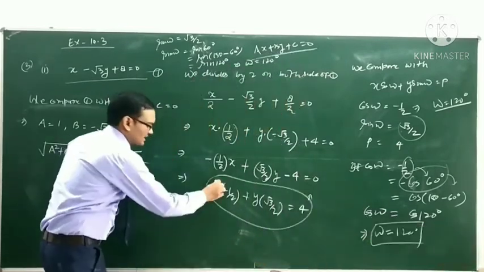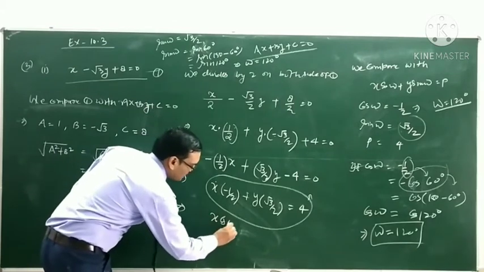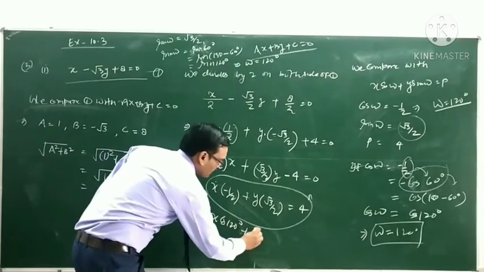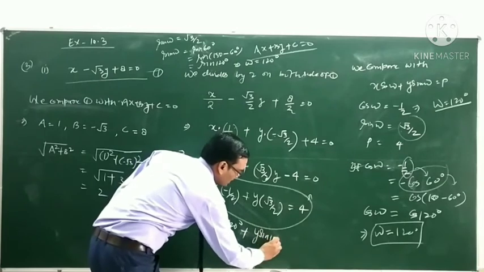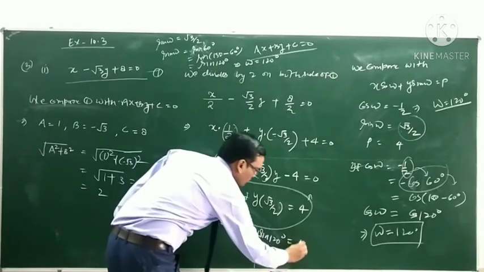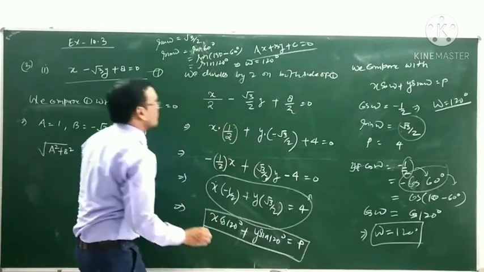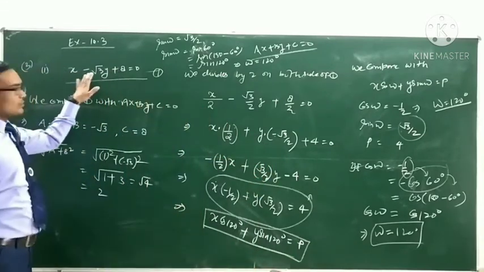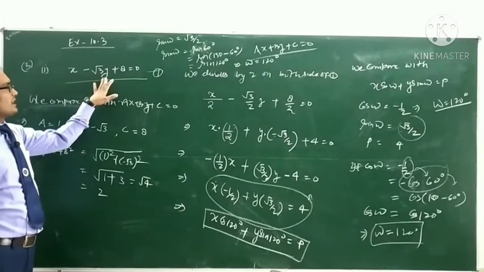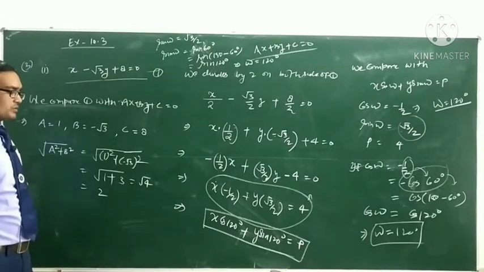This implies that x cos 120 plus y sin 120 is equal to p, which is the normal form of the equation x minus square root 3y plus 8 equal to 0.